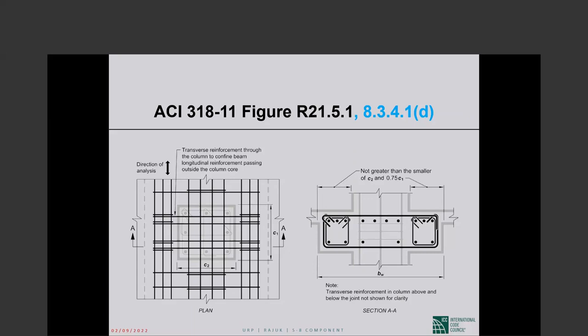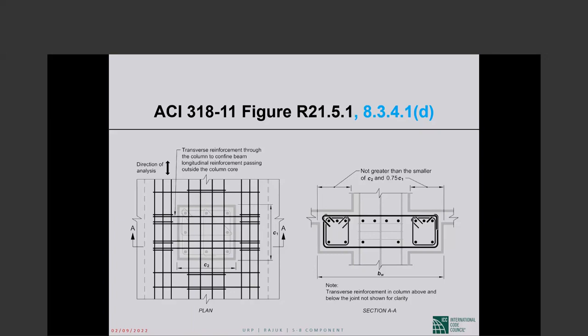But that effective beam width will be wider than what is being allowed by this restriction. So we do not have detailing requirements for that effective beam width. And this is why we cannot make flat plate column frames part of the seismic force resisting system in seismic design categories D, E, and F.